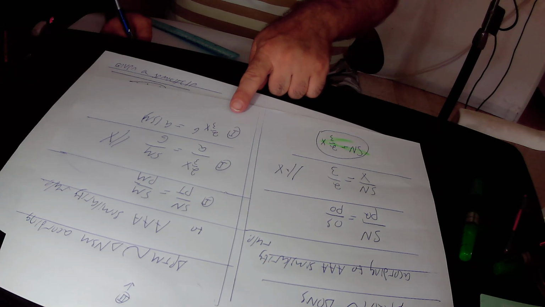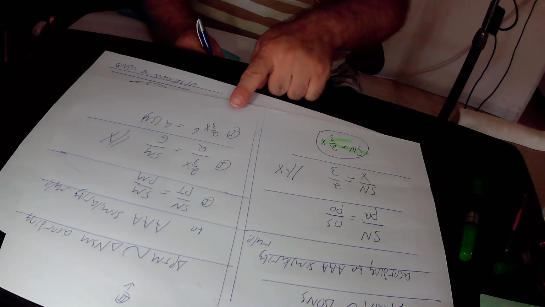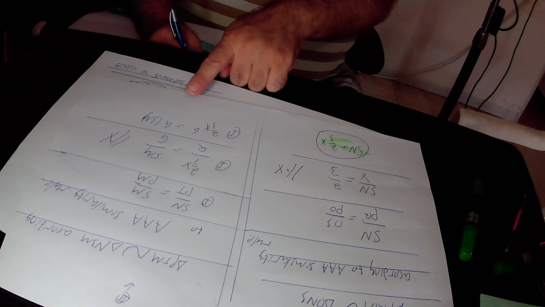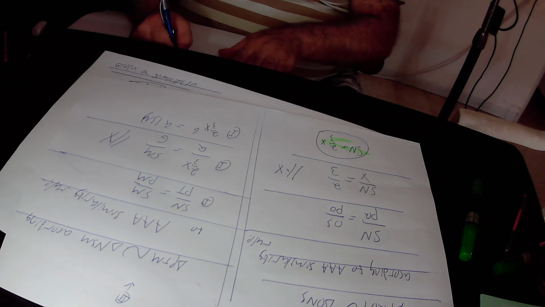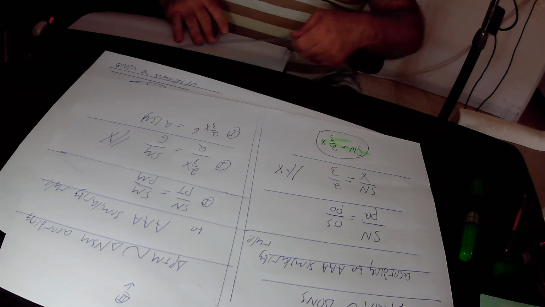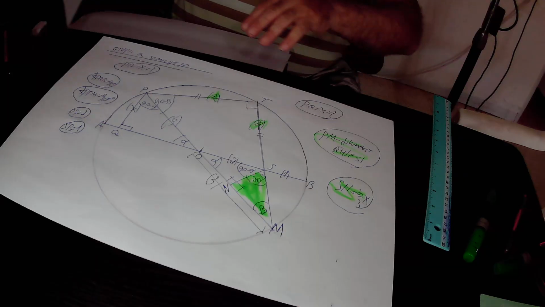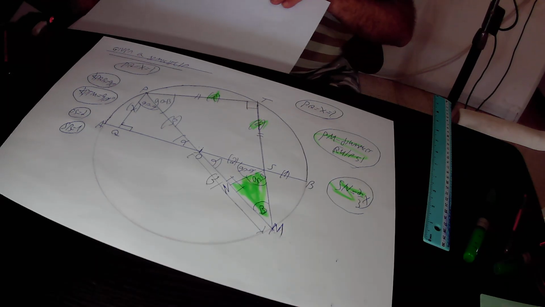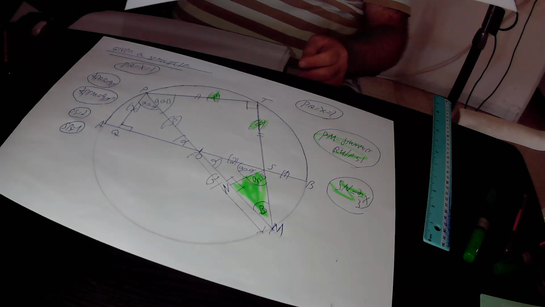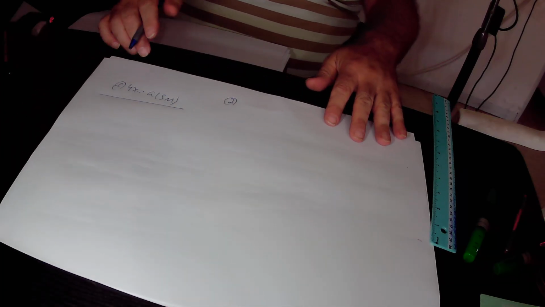So in total, on this side of equation 1, we have 4x equals A SM. And again, according to equation 1, we should find out that 4x equals A SM.